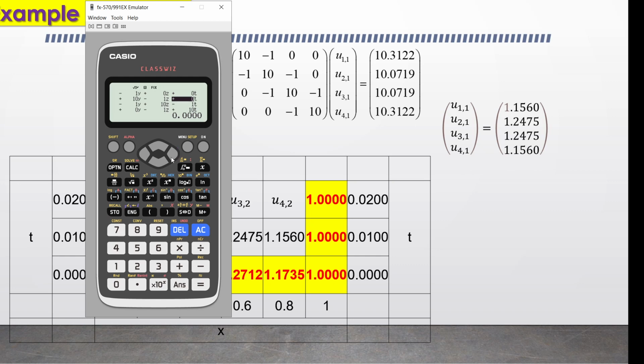Fourth column 0, 0, negative 1, 10. Vector B: the first value 10.3122, second 10.0719, 10.0719, 10.3122. So you get X, which is U11, 1.150, Y which is U21, 1.247, Z which is U31, 1.2475, T which is U41, 1.1560.